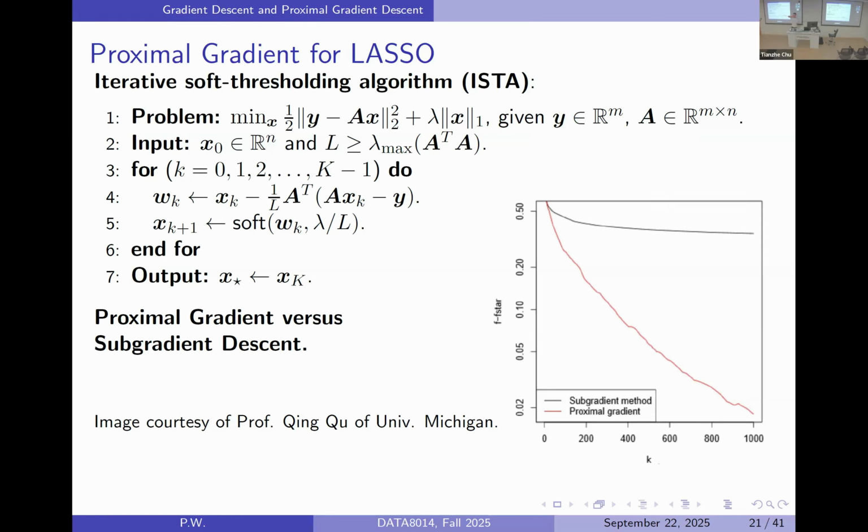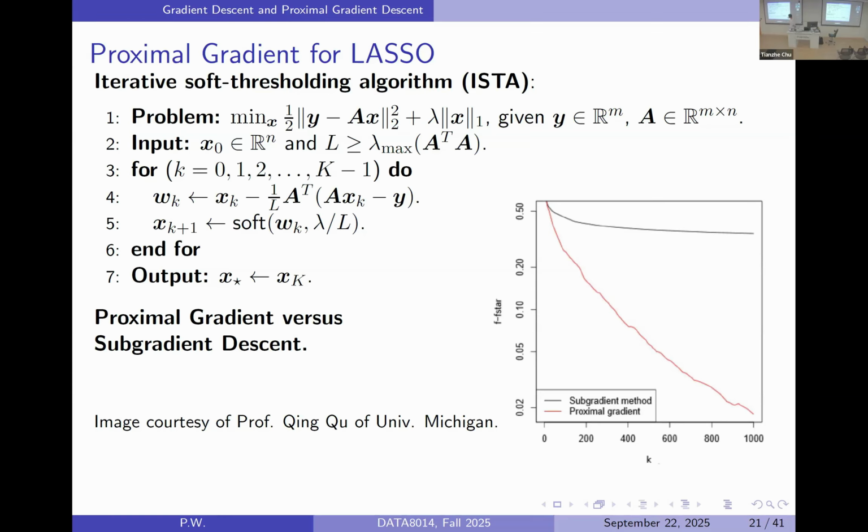A very straightforward way to solve this problem is to use subgradient, viewing this as one function and then applying the subgradient method. And actually, you will find it converges very slowly. You can see the convergence curve: the x axis is the number of iterations, the y axis is the function value gap to the global optimum.